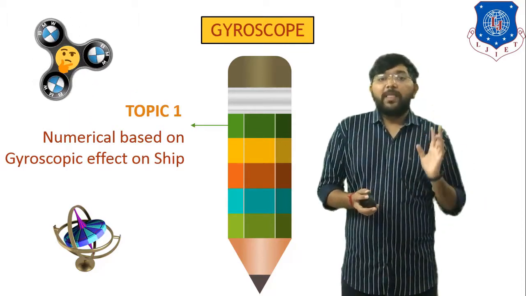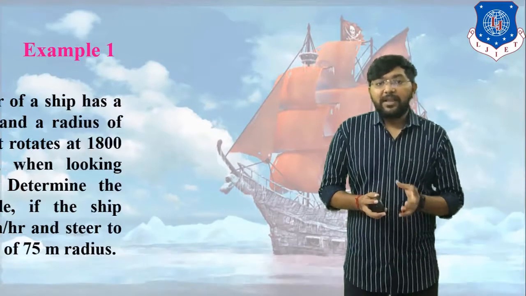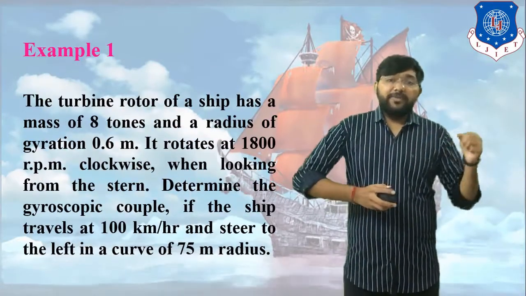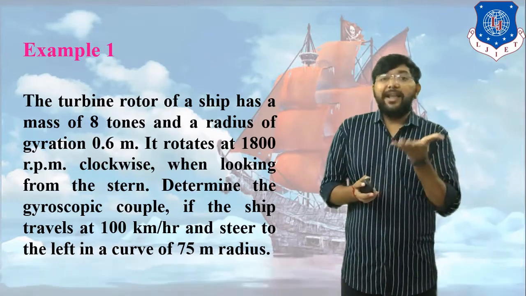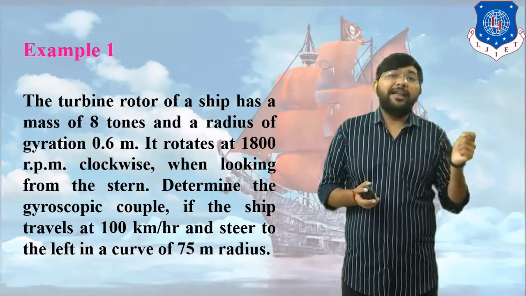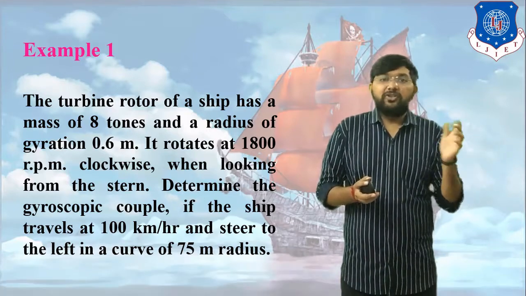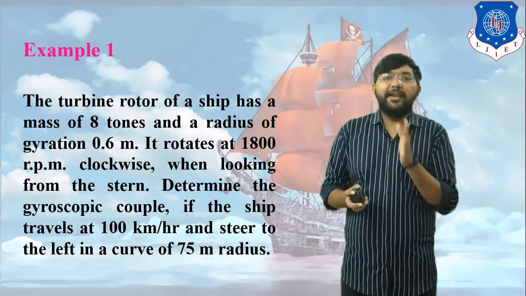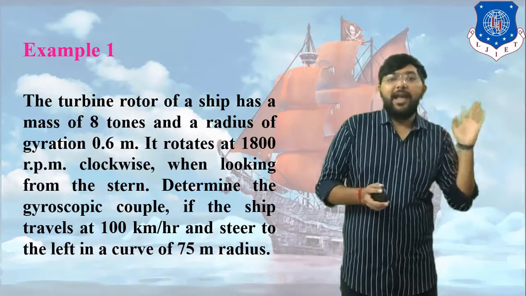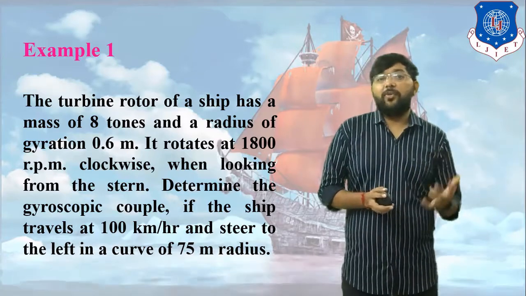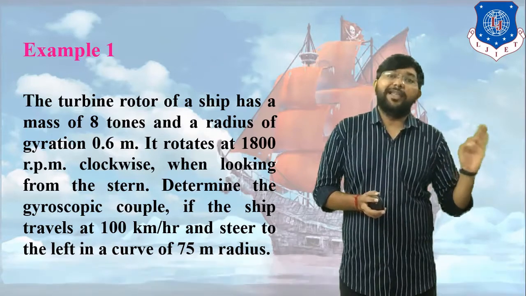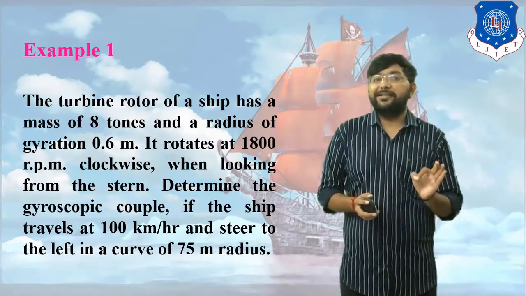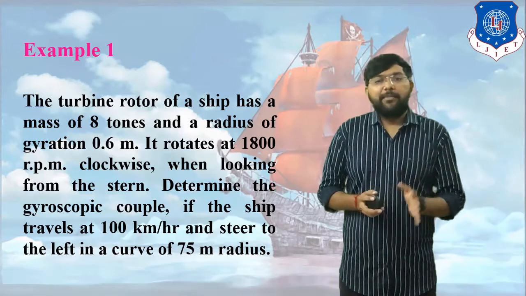Now solve numerical number 1. The turbine rotor of a ship has a mass of 8 ton. You all know 1 ton is 1000 kg, so the mass of the rotor is 8 into 1000, that is 8000 kg, and the radius of gyration, small k, is 0.6 meter.